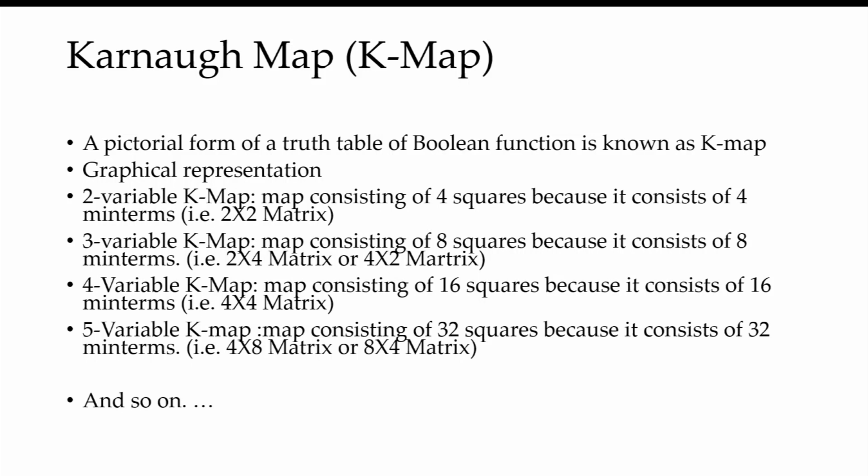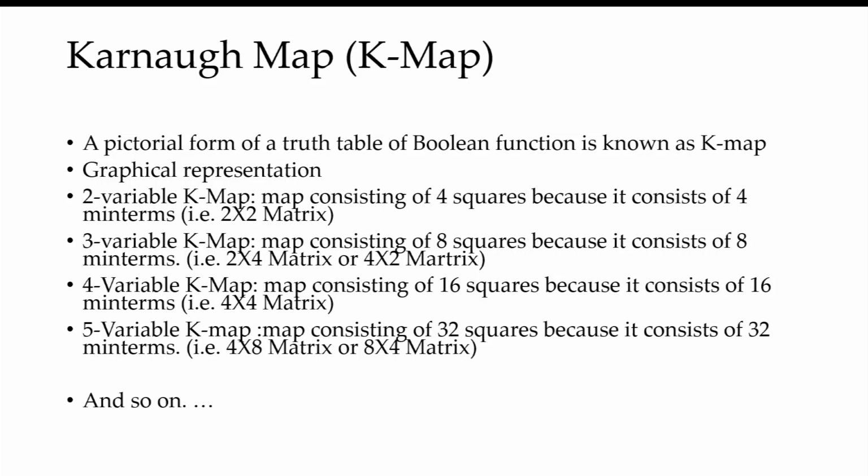So generally this technique is known as a graphical representation, and we simply form a map in the form of rows and columns. Every map consists of a number of cells, and how many cells there are depends on how many variables are in the Boolean function.